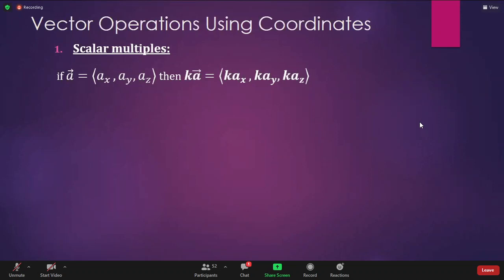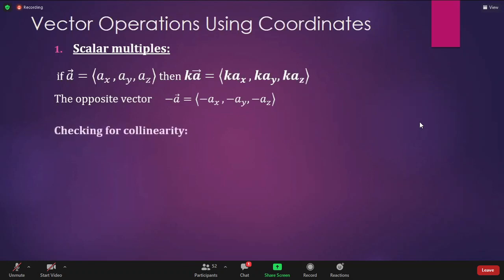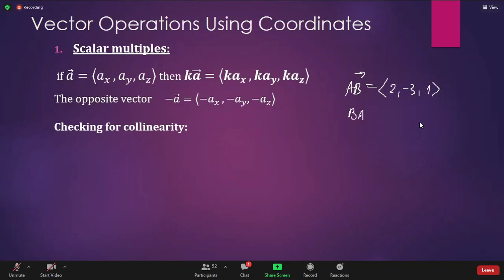And also there are some things with the scalar multiples. Remember, the opposite vector has opposite coordinates. For example, if you have vector AB having coordinates, let's say, 2, -3, and 1, then the vector BA is opposite to vector AB, and it has coordinates -2, 3, -1.